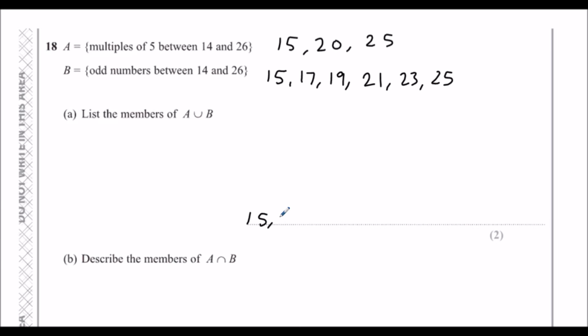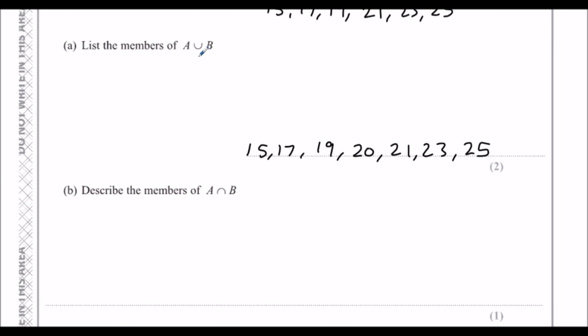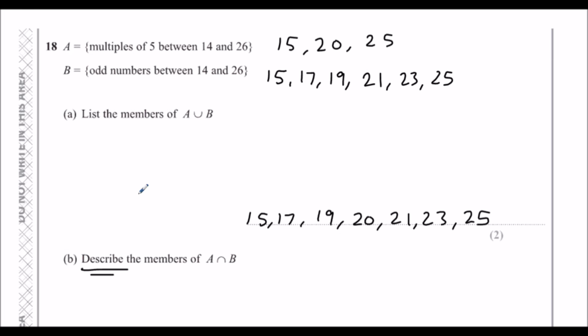So 15, 17, 19, 20 from the top, 21, 23, and 25. 15 and 25 are in both, but we don't need to write them twice. They're just a number in the union of A and B. Describe the members of A and B. So the numbers in A and B are 15 and 25.